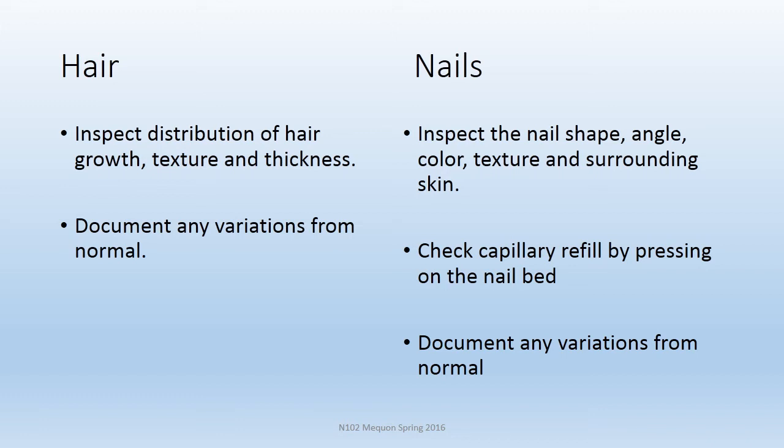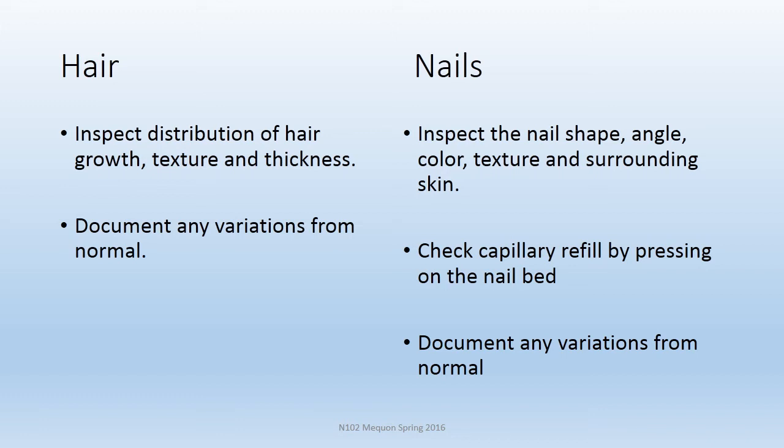When it comes to inspecting the hair, you're going to be looking for the distribution of hair growth as well as the texture of the hair and the thickness. Your book mentions that most of the information about the patient's hair can be obtained just through questioning the patient. And again, any variations from normal you need to document.